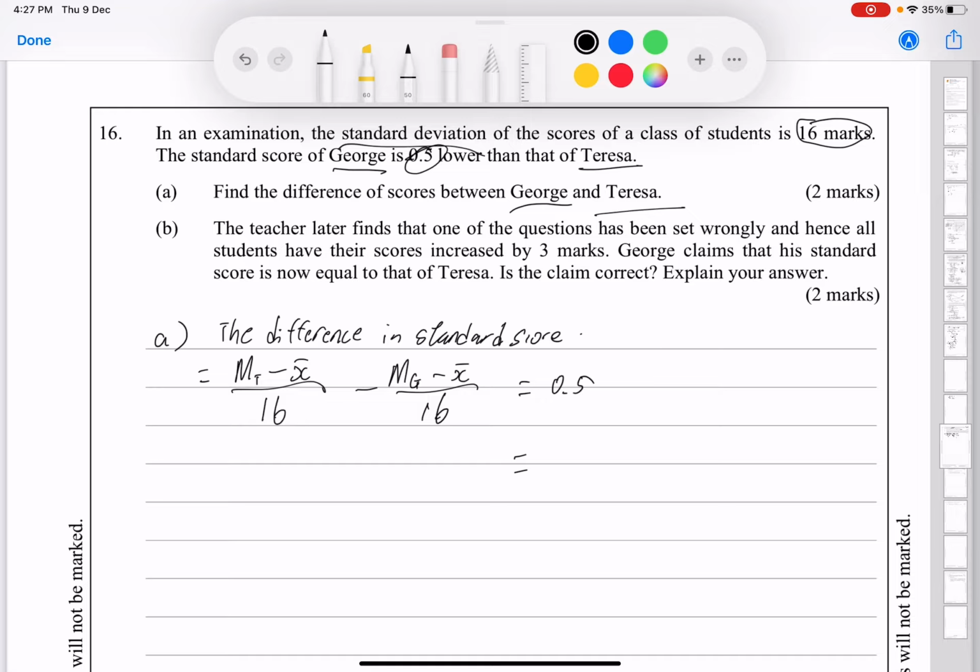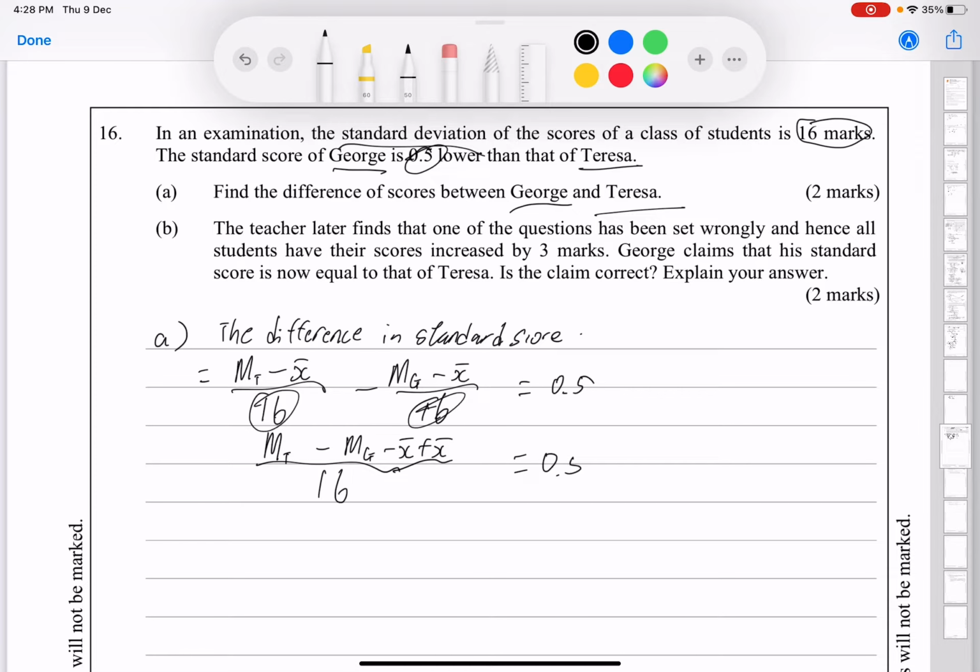Then we can do this. Marks of Teresa minus marks of George, minus the mean plus the mean, because they have the same base here. So it's just basic addition and subtraction.